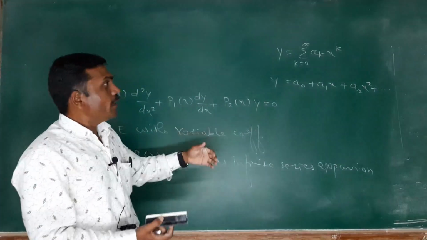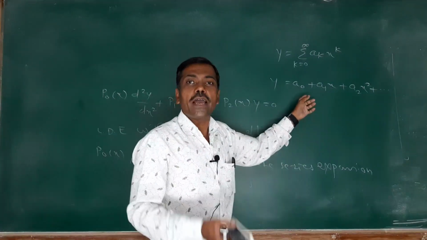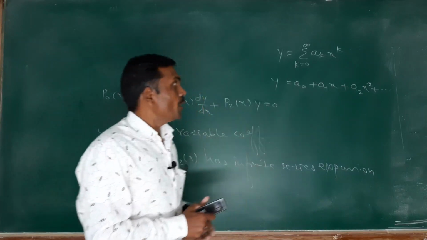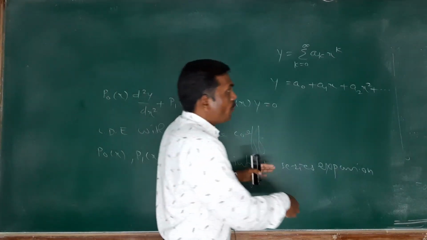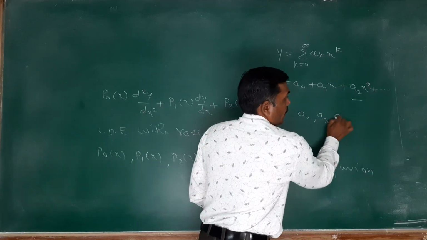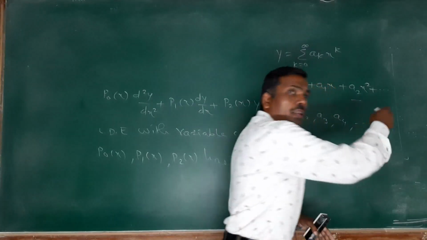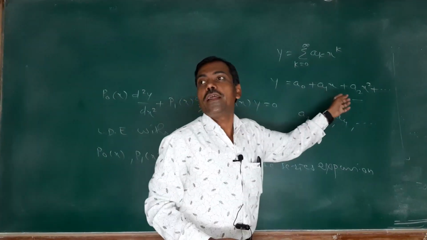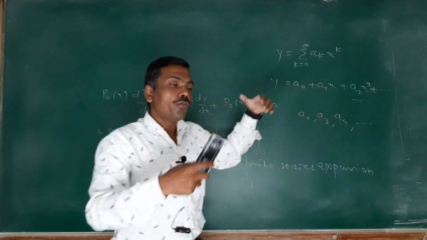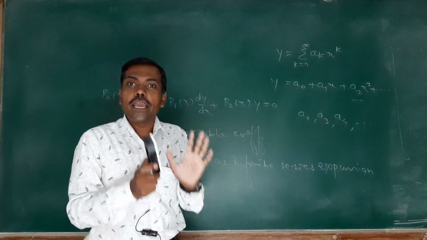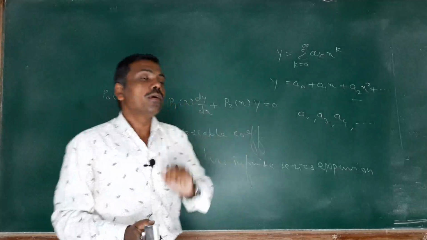So how do I find a proper answer, so that I get 2 constants only? For that purpose, what do I have to do? I have to find a2, a3, a4 and all remaining constants in terms of a0 and a1. So I get only 2 constants.